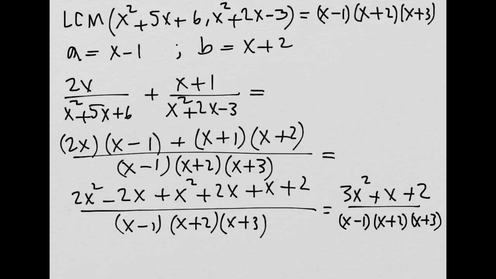Now if we try to factor the numerator, namely 3x squared plus x plus 2, we see that we cannot do that. 3x squared plus x plus 2 cannot be factored over the real numbers, and therefore 3x squared plus x plus 2 over x minus 1, x plus 2, x plus 3 is as simplified as the sum of the given rational expressions gets. So that is our final answer.